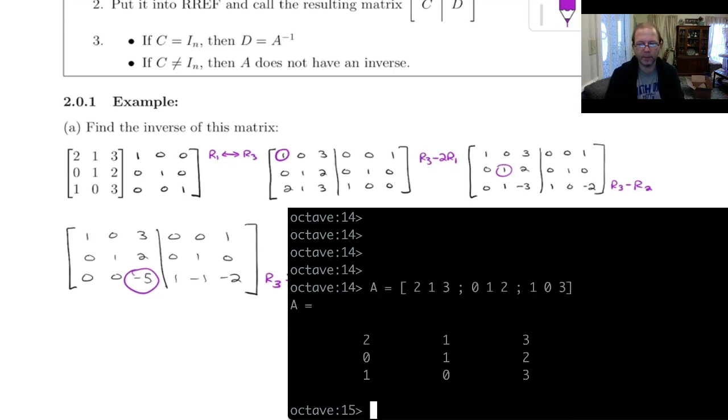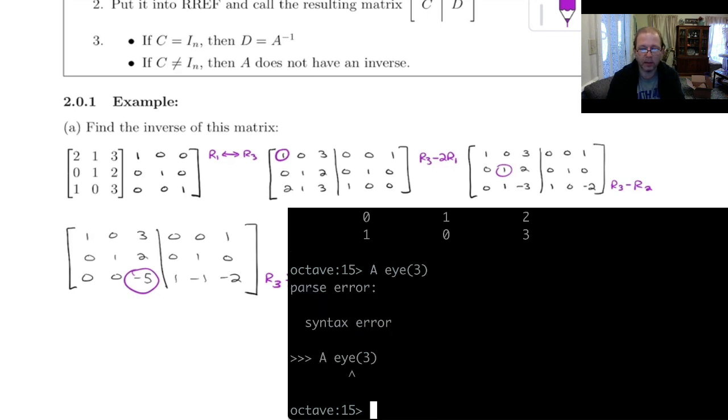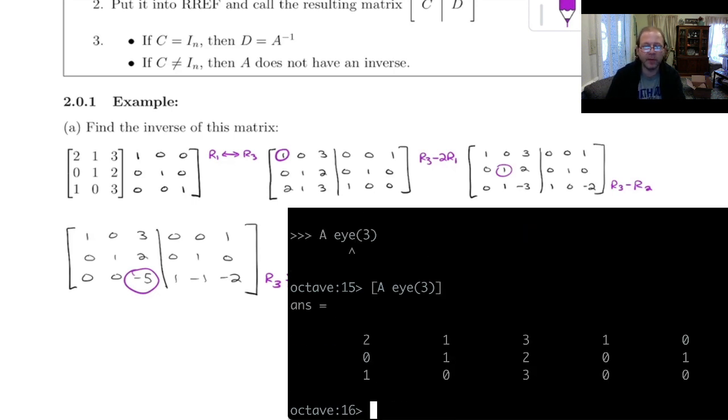Now once I've got that, here's an interesting thing you can do with Octave. I can put A and then I3. Maybe I need to put brackets. Yeah, if I put A and I3 there in brackets, notice it puts the identity matrix on the side.